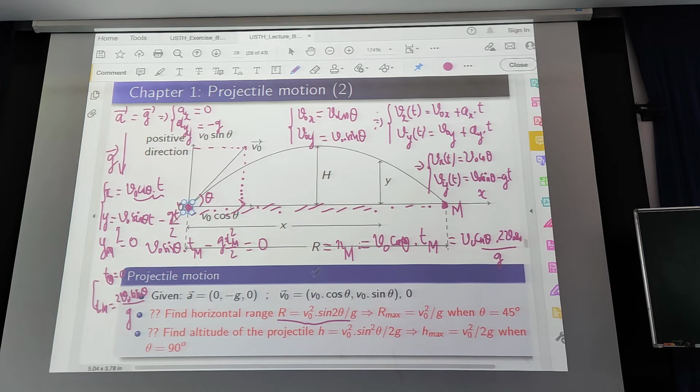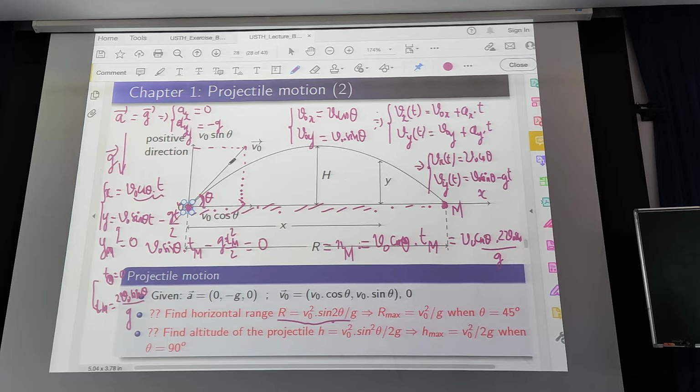And then from this formula, you see that if V0 is constant and g is constant, you change the angle. So you see that the horizontal range depends on the angle, and it gets the maximum value when sine 2 theta is 1, and that is an angle of 45 degrees.